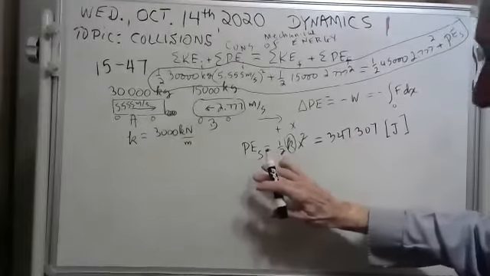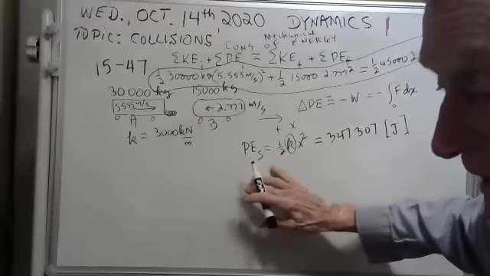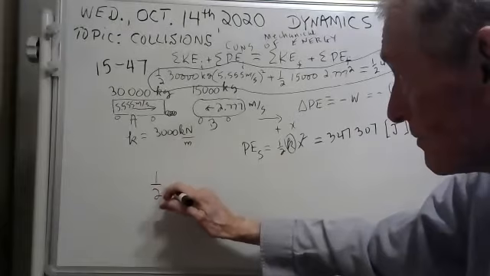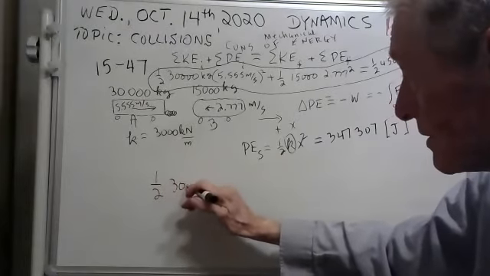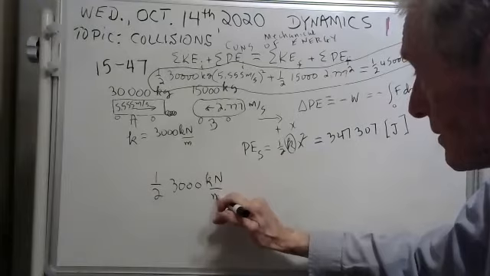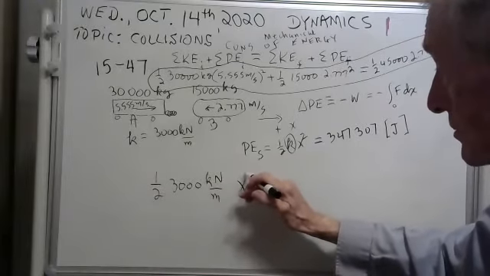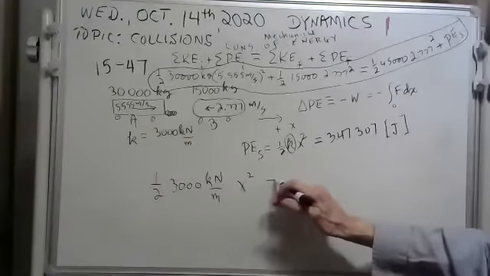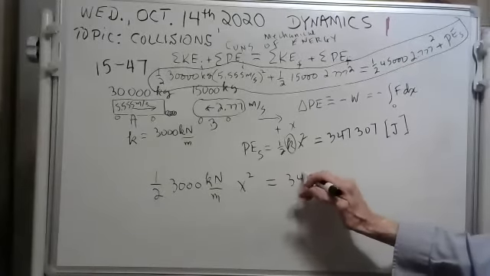All right, now here's our equation for elastic potential energy: 1/2 times 3,000 kilonewtons per meter times x squared. Now this, the compression of the spring, is equal to 347.